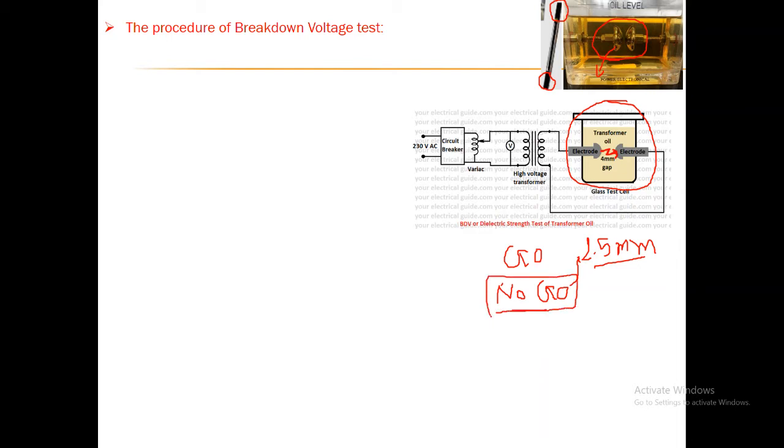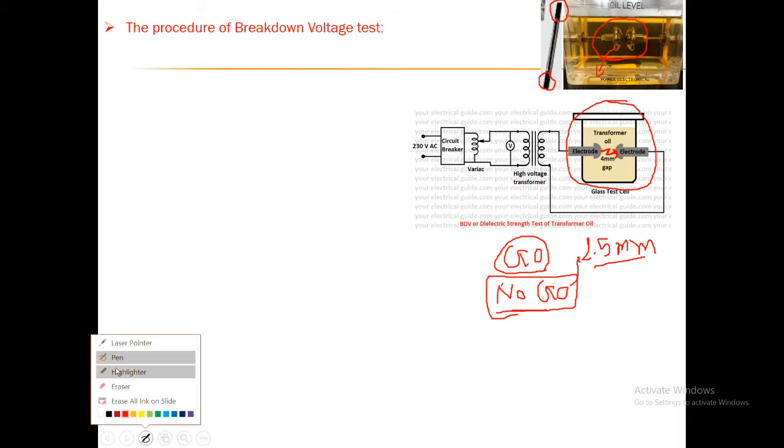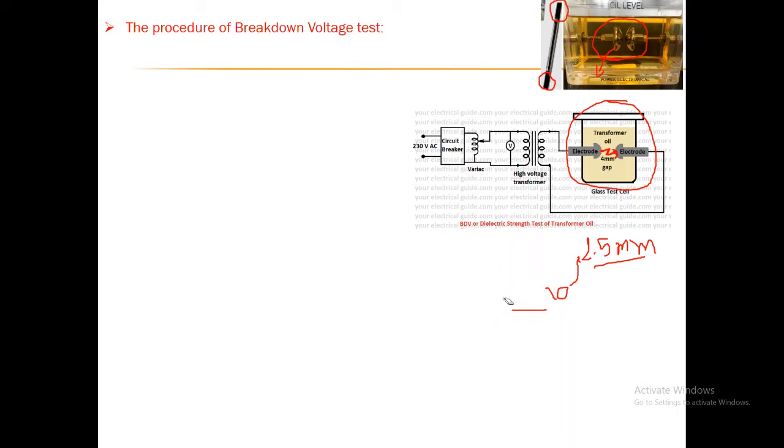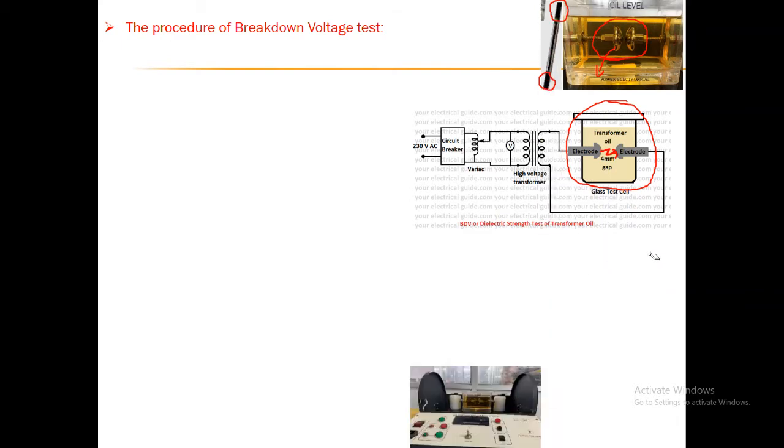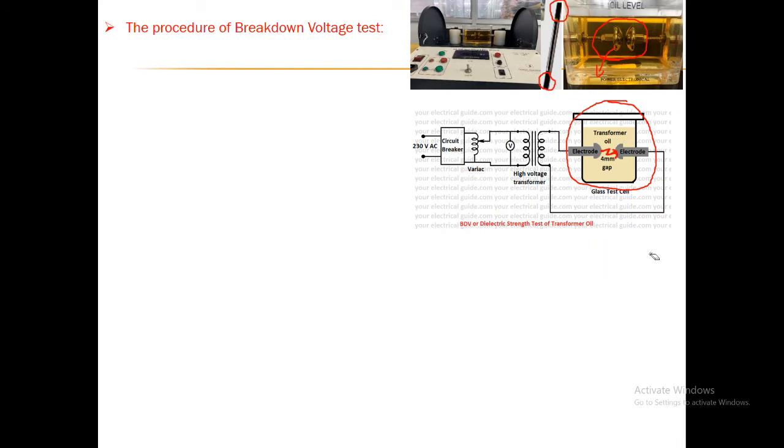It should not pass through the gap, but when you pass the go, it will pass easily through the gap. This is how you can adjust the length of gap between the two electrodes during the BDV test on liquid dielectrics using the BDV oil test kit. So let us see how it looks. This is the real photograph of the BDV test kit.